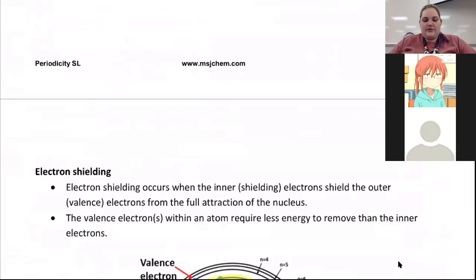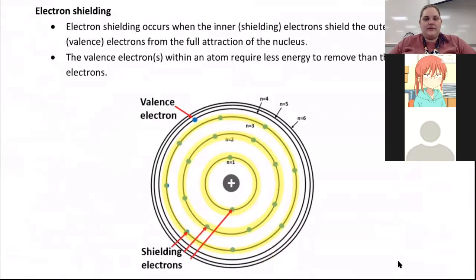Okay. And then the last thing we talked about was this electron shielding. Shielding means that you're blocking something. So when we're talking about atoms and electrons inside of atoms, any electrons that are on the inside or the inner energy levels are called shielding electrons, as it says right here.